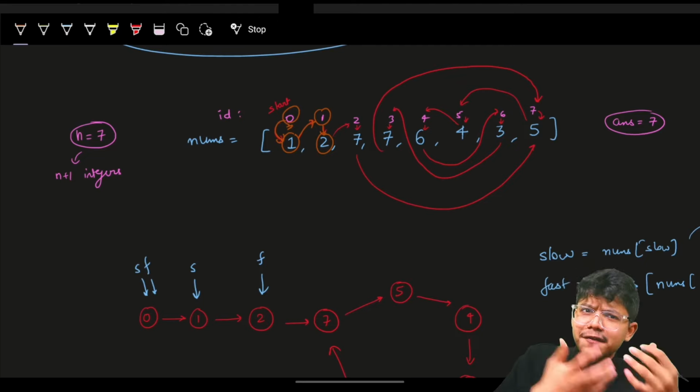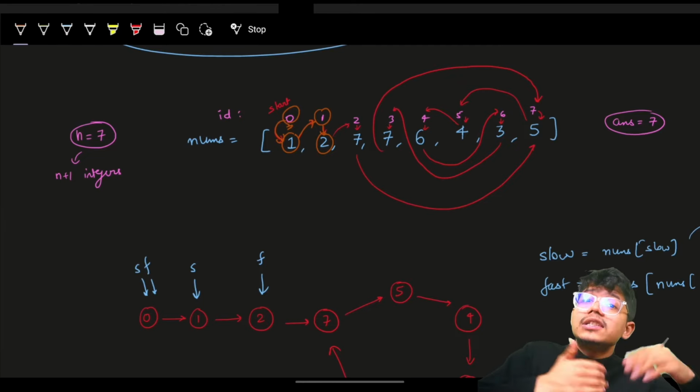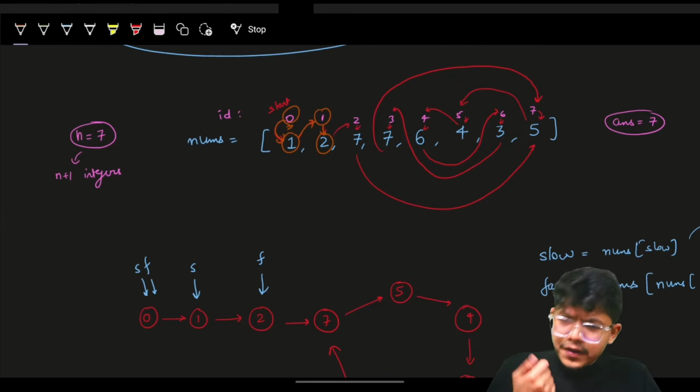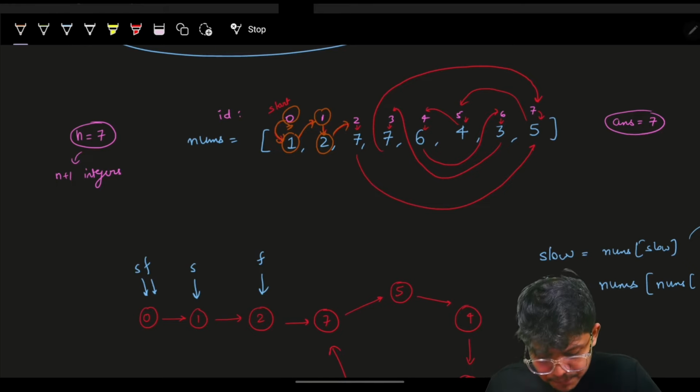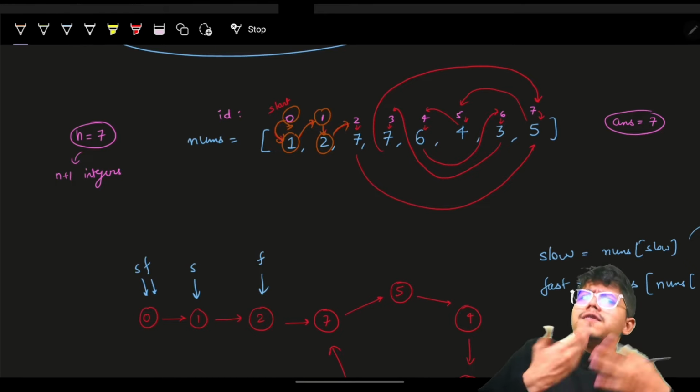That is the reasoning of how we can think that it can form a cycle. Now we know that it will form a cycle, so let's just form the cycle itself.